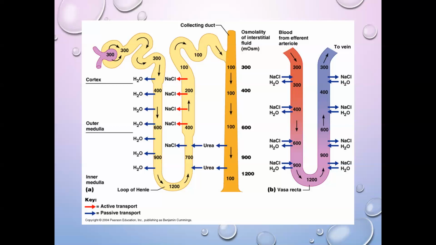So let me show you how that works. So we're going to go to, let me draw in here. Let's do it in green. All right. So here's what happens in desert rats. Well, does anybody want to propose a mechanism for, based on what you can see right here with the loop of Henle, that would allow desert rats to super concentrate their urine?